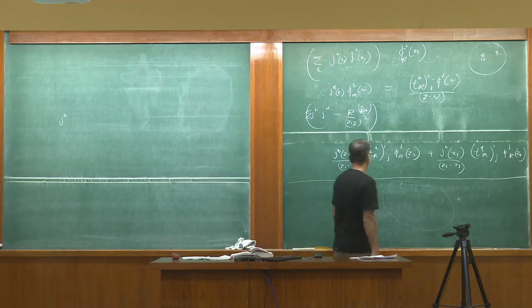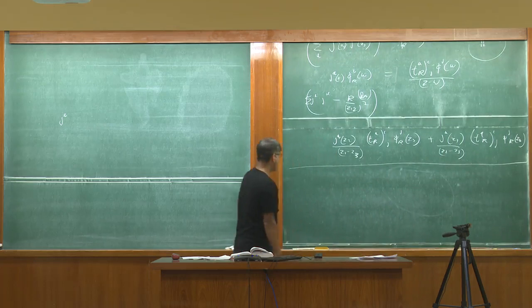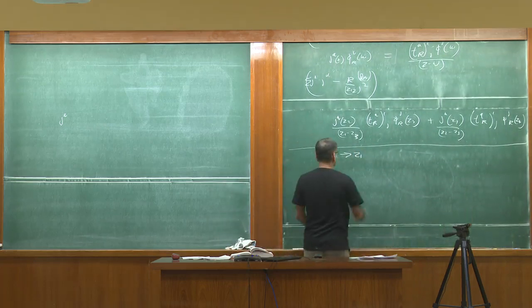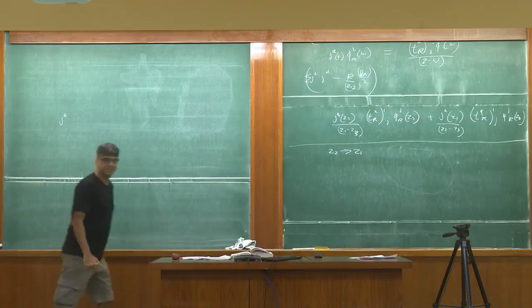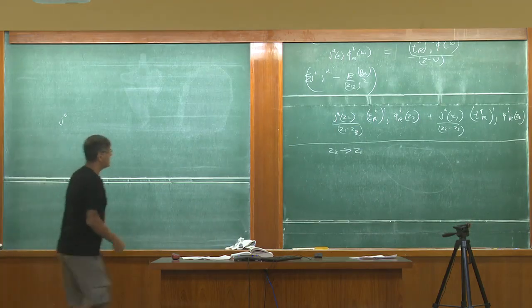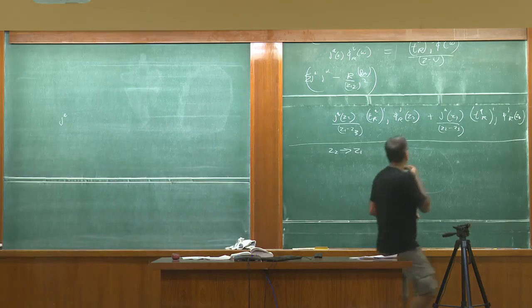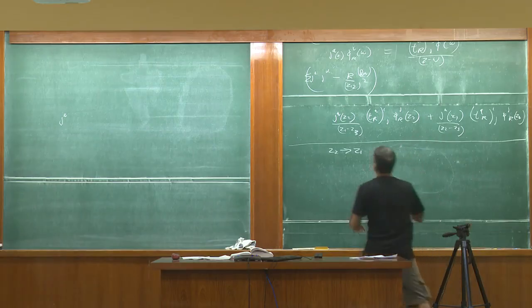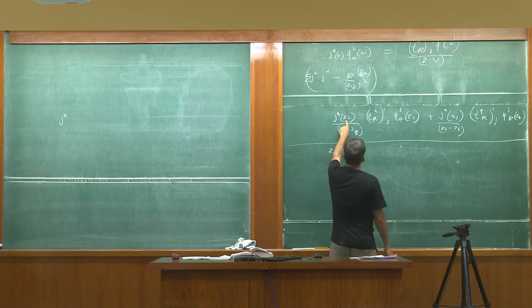Now what we do is take the limit Z2 goes to Z1. So let's see, in this limit, Z2 goes to Z1.